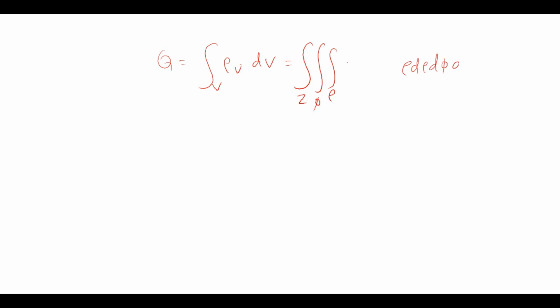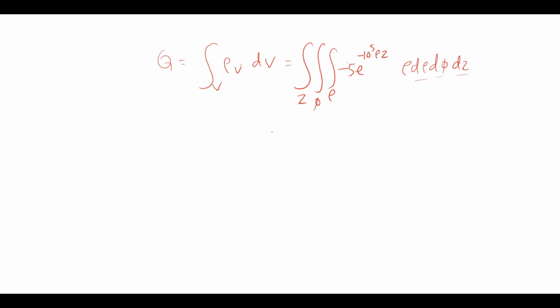So there are three parameters: d rho, d phi, dz. That is why it is a triple integral, and the function comes here. So what is the function? Minus 5 e to the power minus 10 to the power 5 rho z, rho d rho d phi dz.